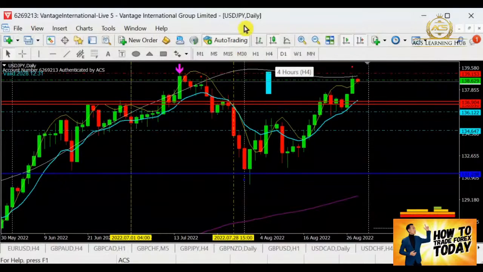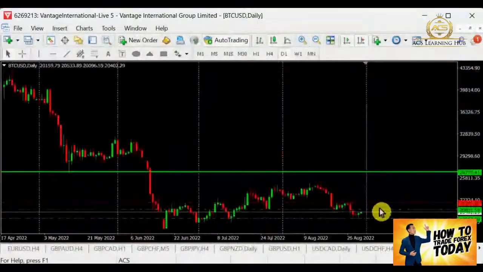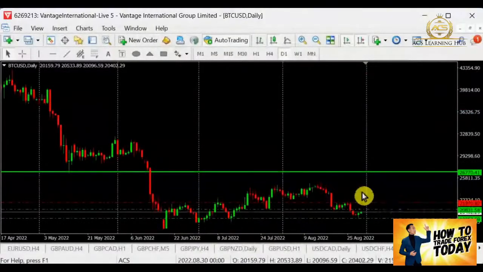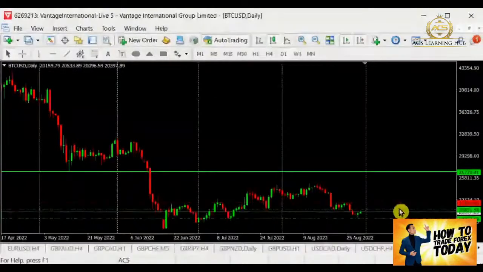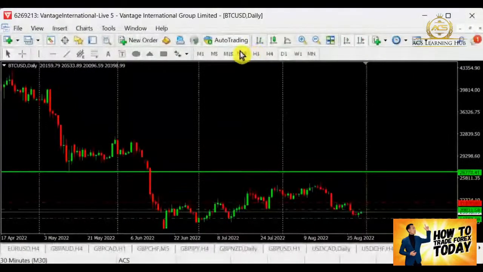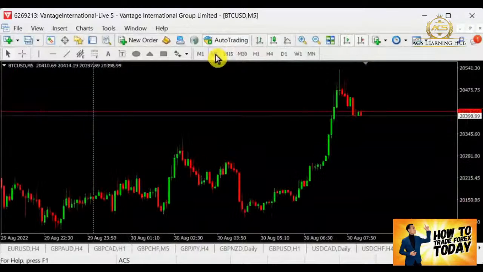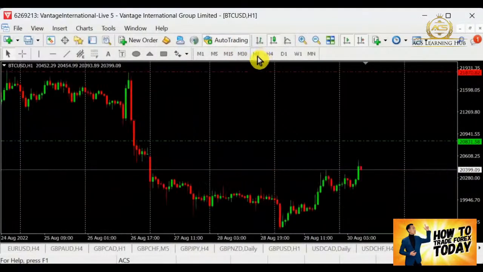All right, so Bitcoin. We have touched the 19,000, then now it's retracing up towards the 20,000. So at the moment we are moving up into 20,400.